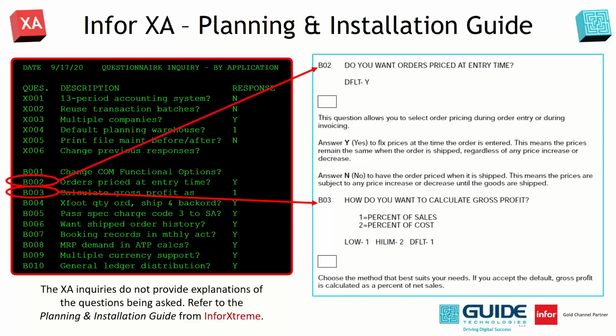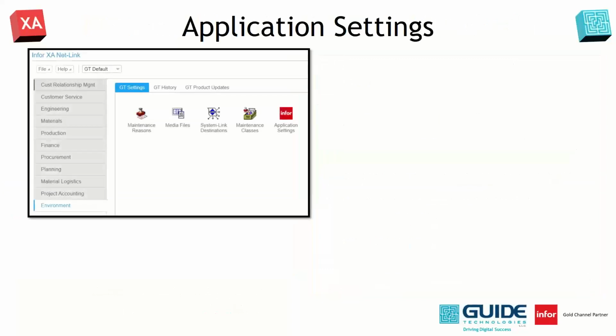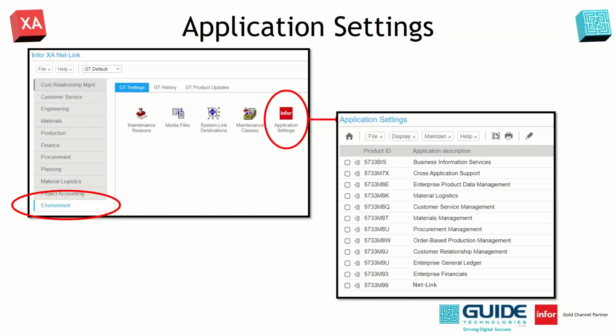Now, I also talked about IDF settings. An IDF setting is in the environment tab of your system. There is an object called application settings. And when you click application settings, it brings up the applications that you have loaded on your IBM system.